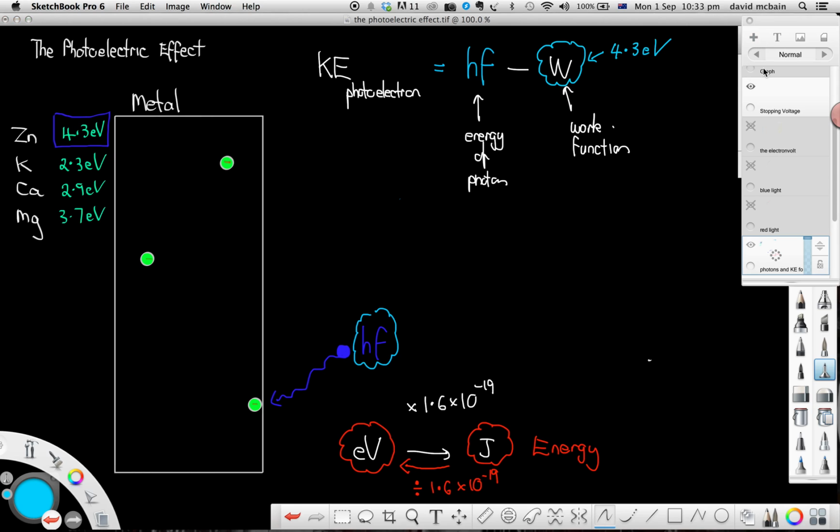Now, if we want the minimum frequency necessary to knock the electron out, what we're trying to do is just get the electron out of the metal, but it will have no kinetic energy. So we just want to know what is the lowest frequency that would just get that electron away from the metal, but give it no excess energy.